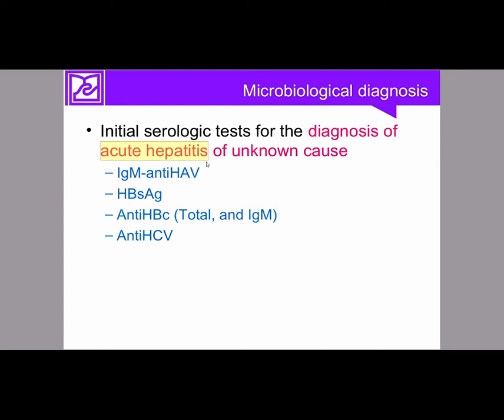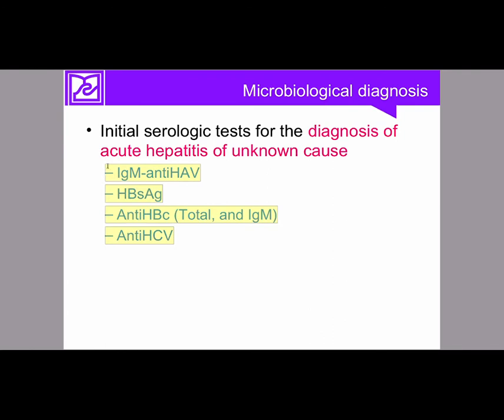So when you have a patient with acute hepatitis and you don't know why, the tests that you have to order to the laboratory of microbiology are these: the surface antigen of hepatitis B, the anticore, antibodies against the capsid of hepatitis B, antibodies against hepatitis C, and the IgM against hepatitis A. So with these markers, you can have an idea. These markers can help you in the diagnosis of acute hepatitis.